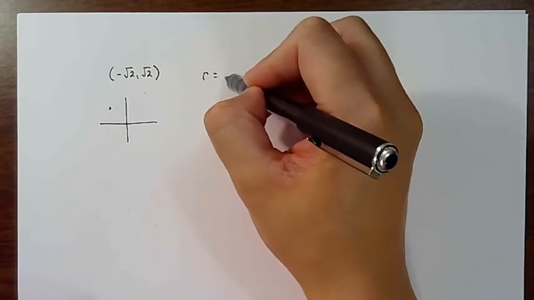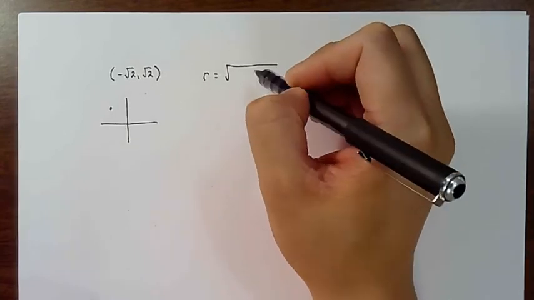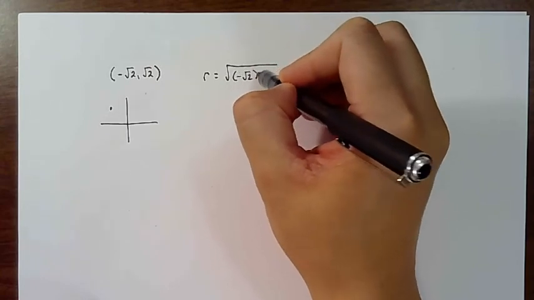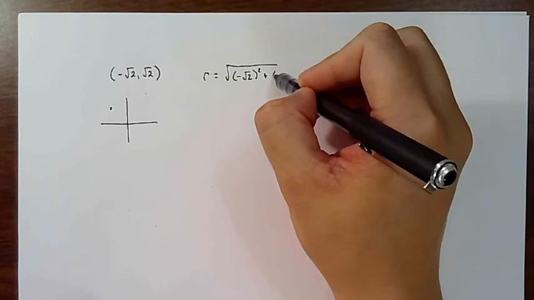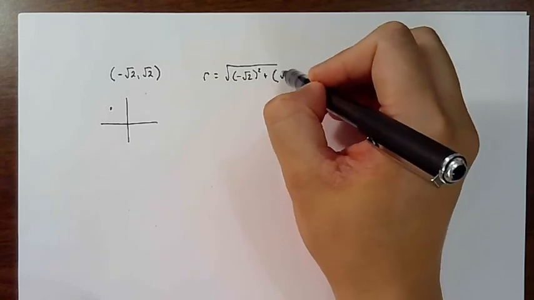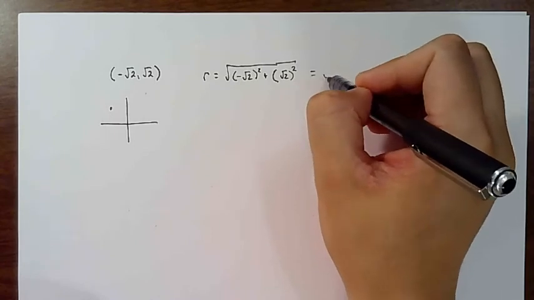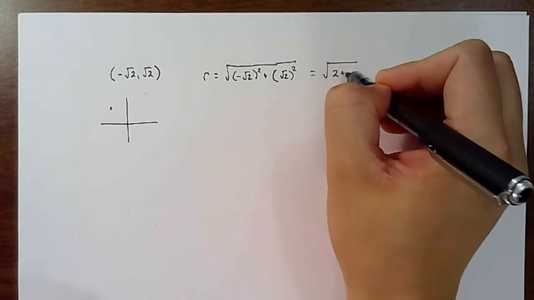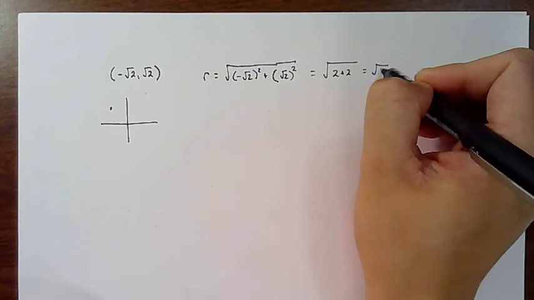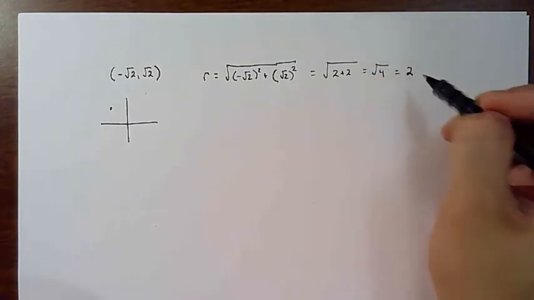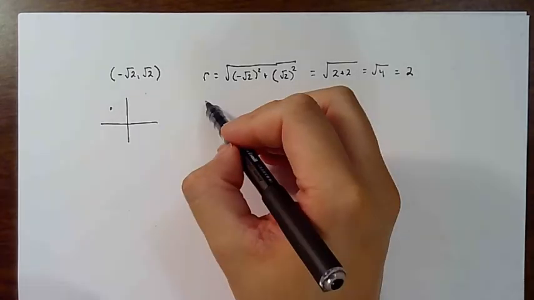R is equal to the square root of x squared plus y squared. Okay, so this is the square root of 2 plus 2, which is the square root of 4, which is just 2, which is great. We like these nice clean numbers.